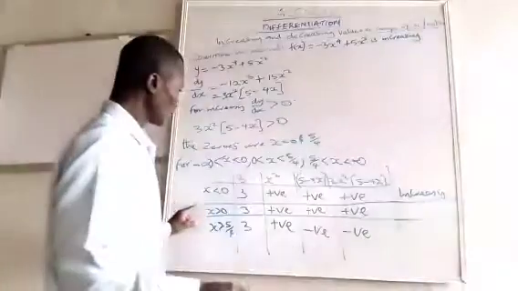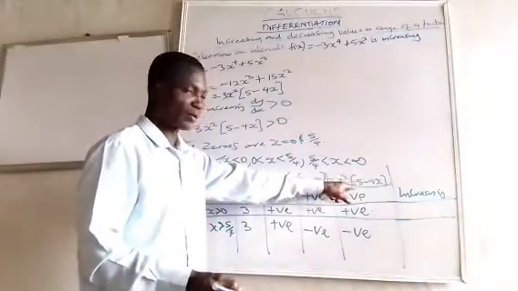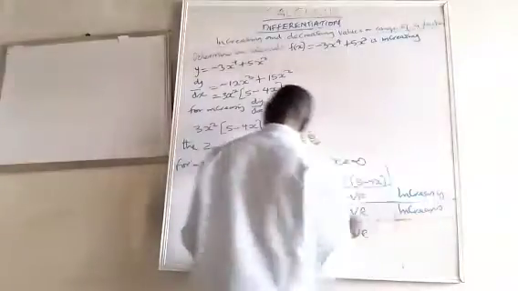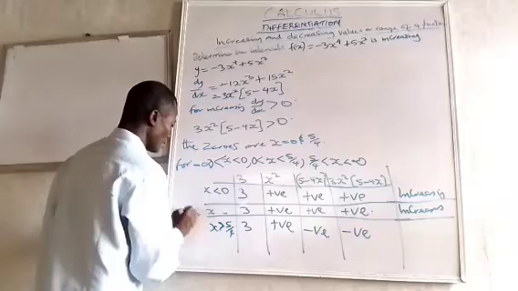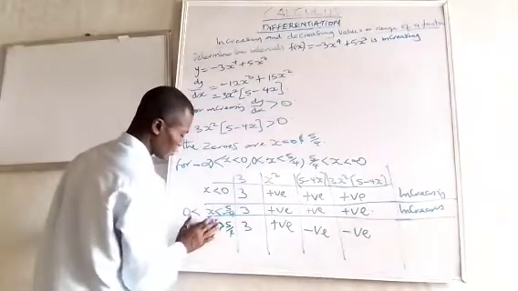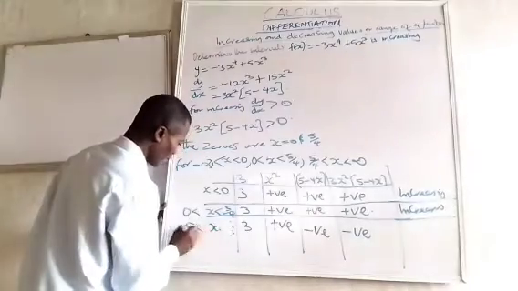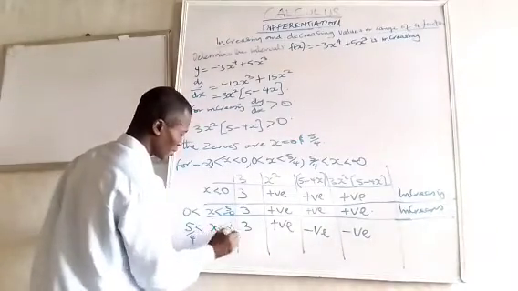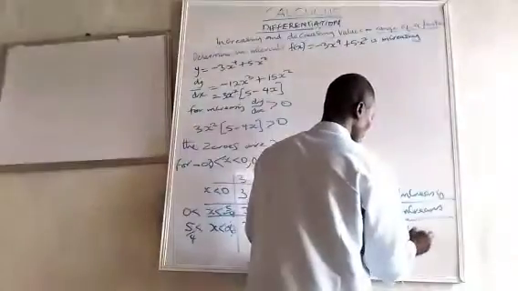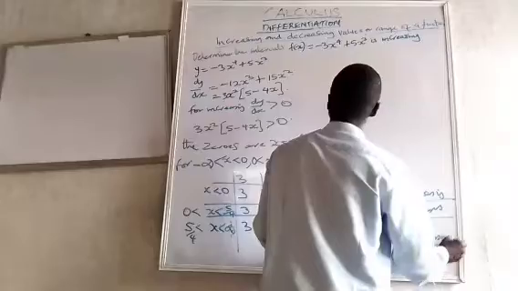From 0 to less than 5 over 4 is increasing. From 5 over 4 to infinity, it is decreasing. So we have found the range.